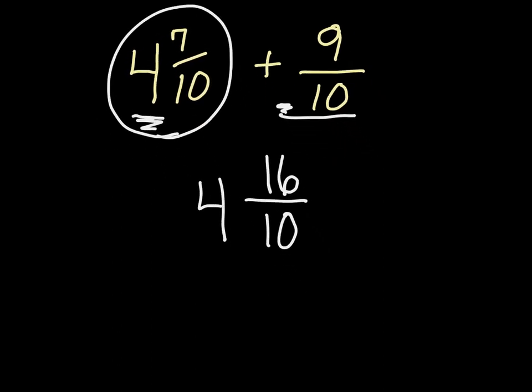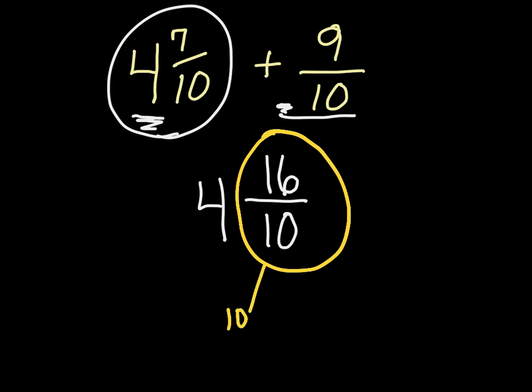Now we've got a problem because our mixed number has an improper fraction in it, or a fraction greater than 1. So I need to take this and pull out the whole. The whole that I see in here would be 10/10. And what am I left with? 6/10.